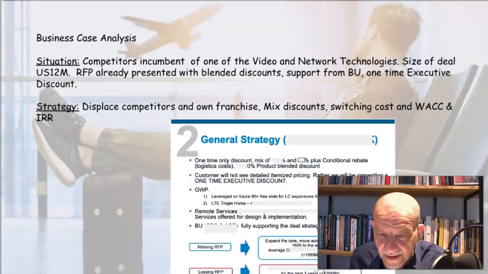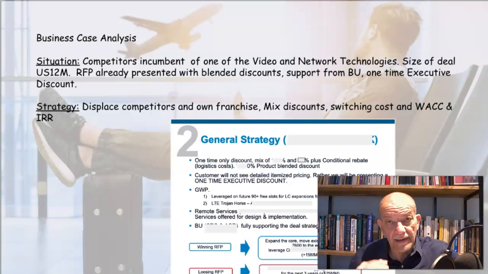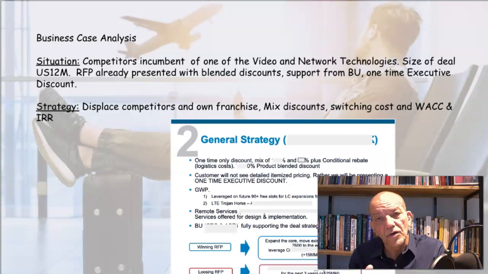I'm going to give you an example of a real situation where we had a client that was a target of ours, and we wanted to take the ownership of a franchise that was run by a competitor.